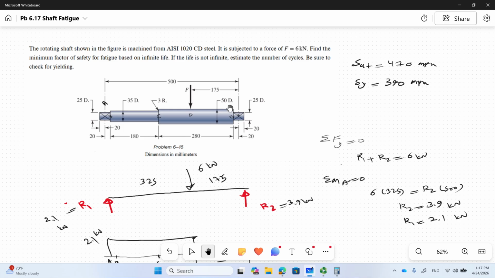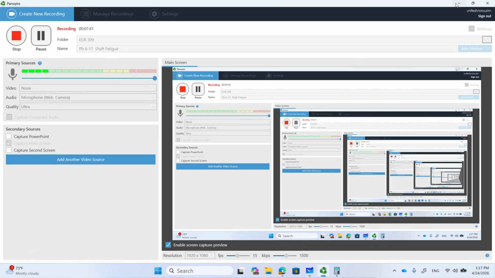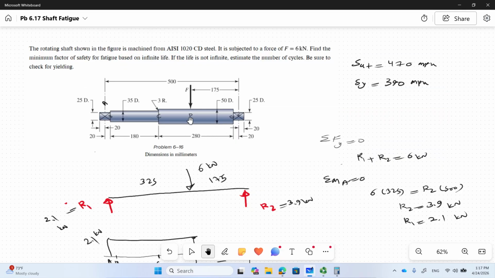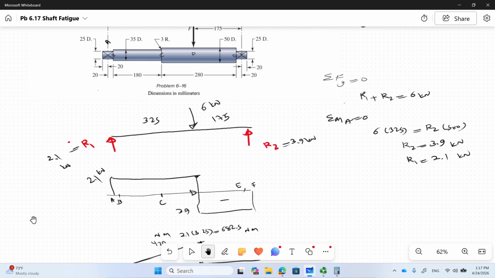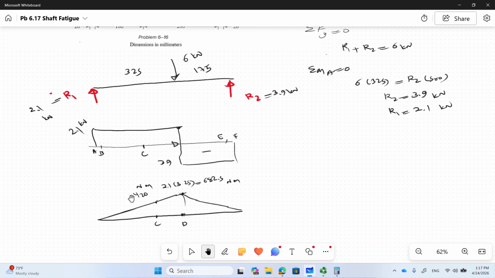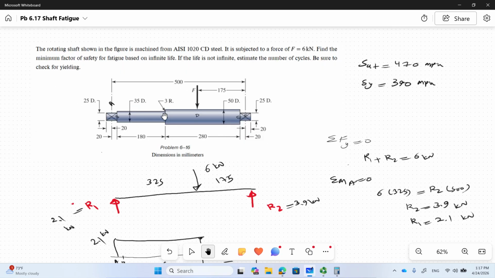Moment is maximum at point D, but at that point the shaft diameter is the highest, it's the thickest there. If you compare point D with point C, at point C the moment is lower, it's 420, but the diameter of the shaft is 35, substantially lower than 50.